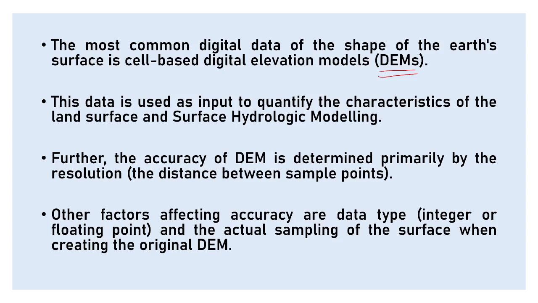Other factors which affect the accuracy are the data type and the actual sampling of the surface when creating the original DEM. That is not actually in your hand, how that sampling was done, but you can input more information and refine the model.